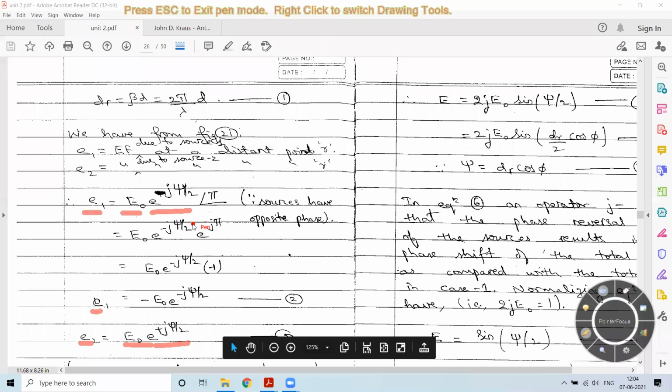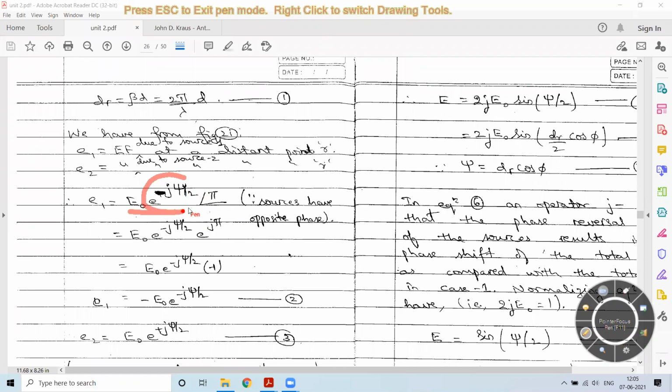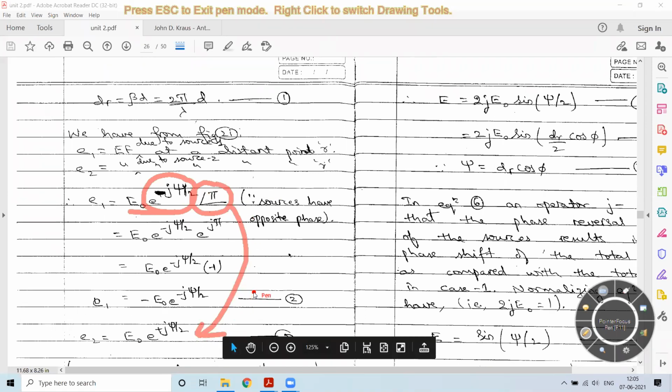But how do I identify the opposite phases? In order to do that, we show the phase difference between these two with the angular representation. Previously it was the same, E naught into e raised to minus j psi by 2. This is due to the lagging effect of the field E1, and this one is telling that there is a phase difference with respect to the field due to source 2.